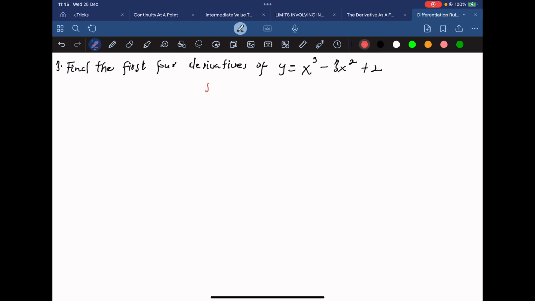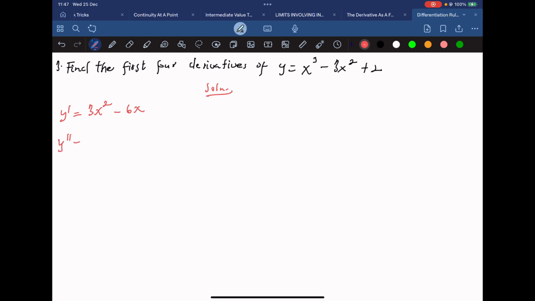With this question, all that we have to find is just the first 4 derivatives. So we want y prime, which is just differentiating this once. Using the power rule, we have 3s^2 − 6s. I hope this is clear enough.